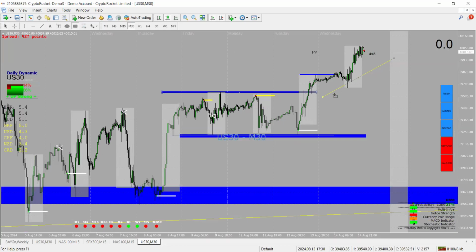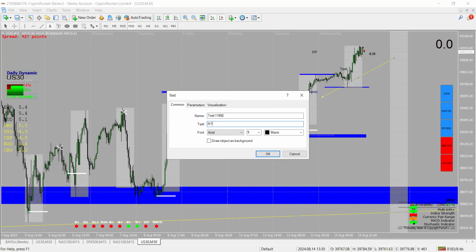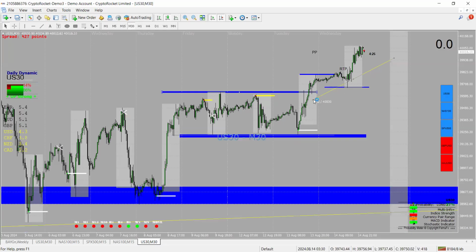Now, as you can see, we already had a low. We broke above the high. Market pulled back to this area of support, failing to break below this low. And then it gave us an RTP above this high. And as you can see, we have our pattern to trade to the upside off of this wick.